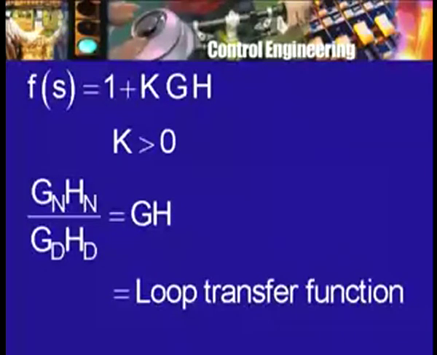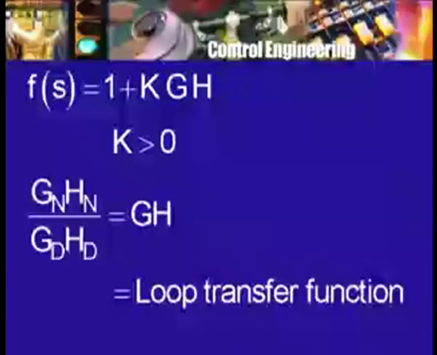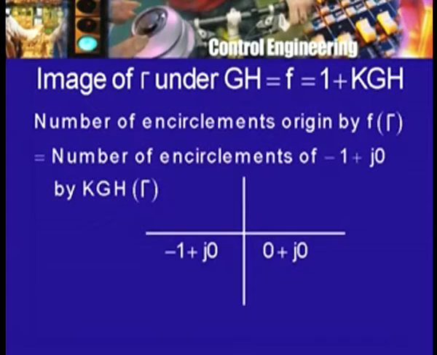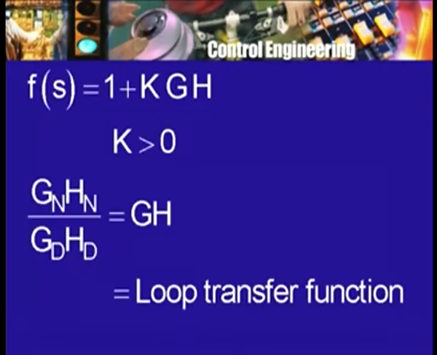So, in other words, instead of looking at f, I can look at the image of the contour under gh, under the loop transfer function. So, image of gamma under the loop transfer function gh. The only thing is that I have to keep in mind that there is this 1 and there is this scaling k. We will see how the scale factor k comes in, but what about this 1? That is easy to see that f gamma is obtained by shifting this by 1 to the right.